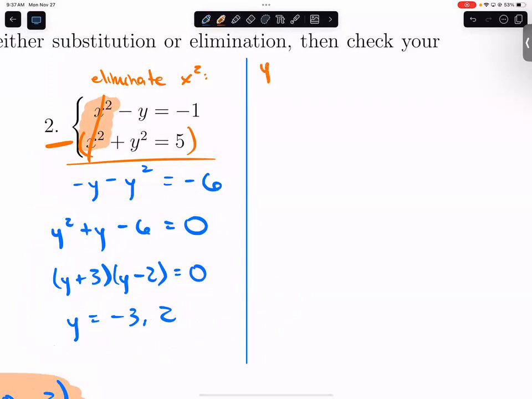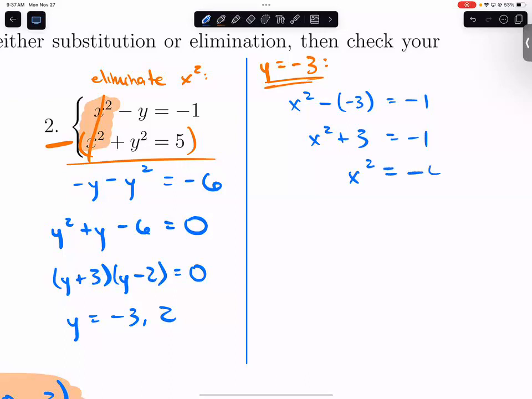Yep. And then we plug those back in. So if y is negative 3, then x squared minus y equals negative 1. All right, you can plug in anywhere. I'm just choosing to do it in the first equation. So x squared plus 3 is negative 1, which means that x squared is negative 4, right? Which tells us what?